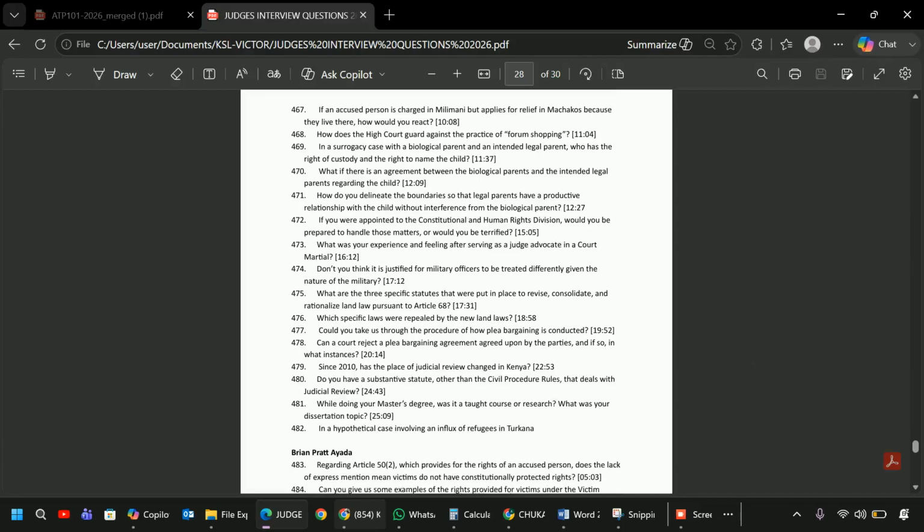Okay, yes. Since 2010, judicial review in Kenya shifted from a narrow common law where we had Order 53 of the Law Reform Act, control of administrative action, to a constitutionalized and statutory regime grounded in Article 47 and the Fair Administrative Action Act. My screen is misbehaving.